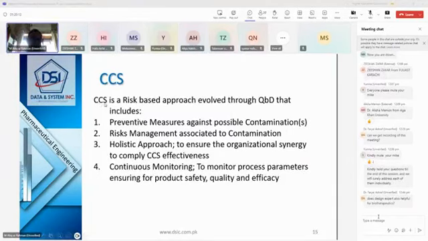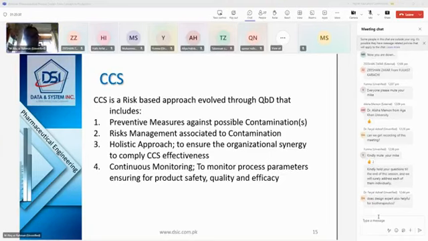Contamination control strategy is a risk-based approach evolved through QbD, quality by design, that includes how it works. It takes preventive measures against possible contamination. It gives you the liberty and the directives to design your processes such that there will be zero contamination during processing.